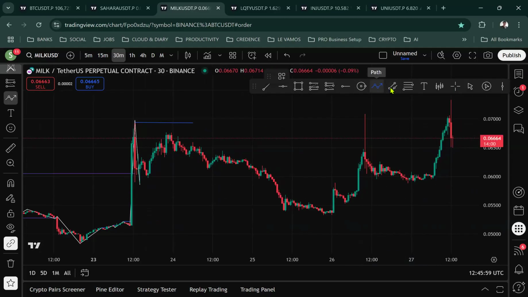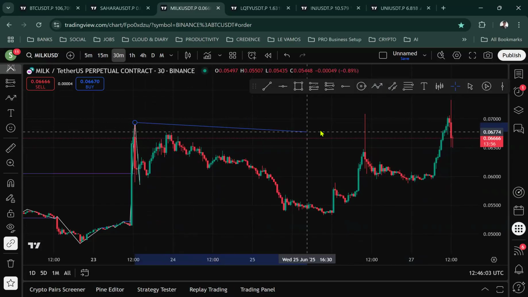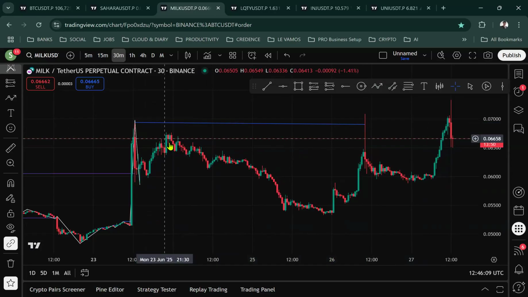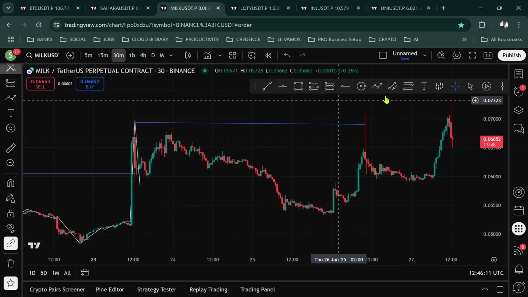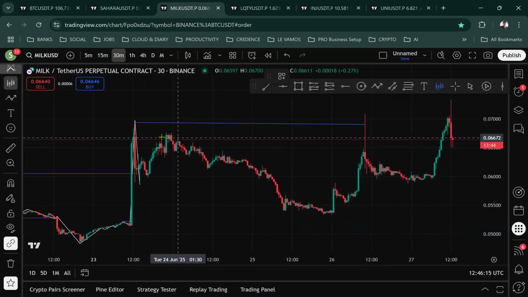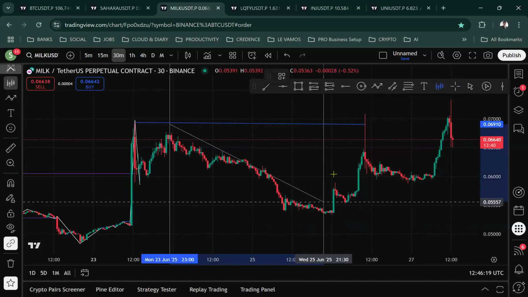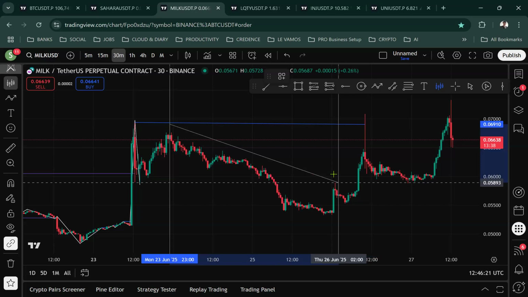So in this scenario, for example, here is all inside bar candles up to here. Should we say this is inside bar candles, or should we say this is a downtrend from this point to this point?